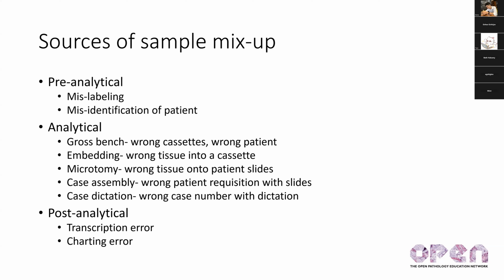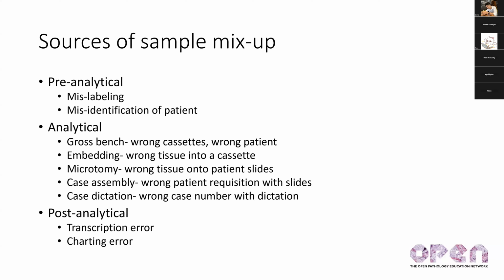Likewise, when the case is being put together with the paperwork and so forth, sometimes the paperwork gets mixed up with a different set of slides, and if the pathologist is not really aware, they can be looking at one patient's name on the paper and a slide that they think is that patient, but it may not be. So that can be a possible process.